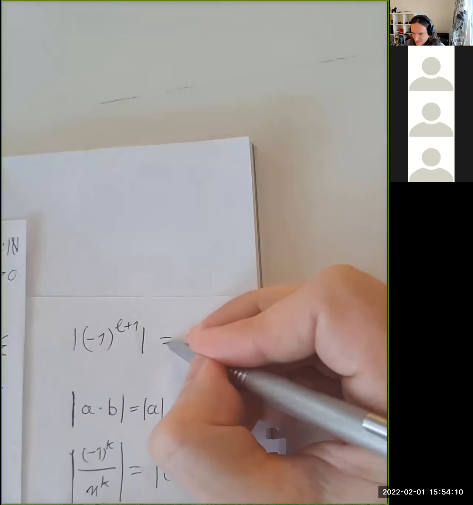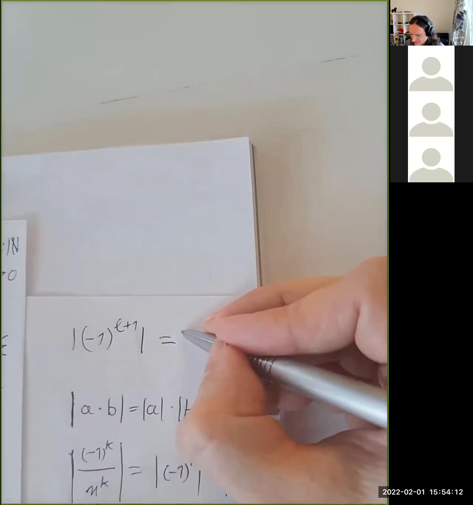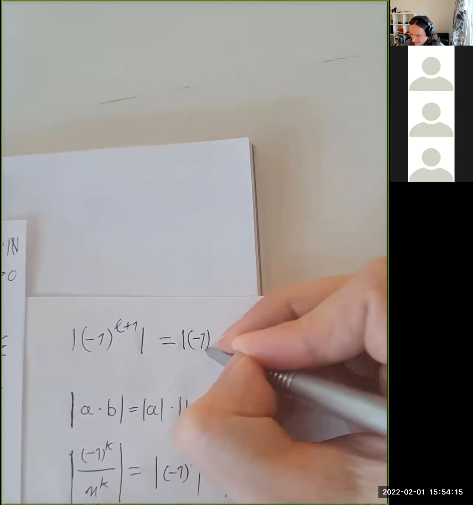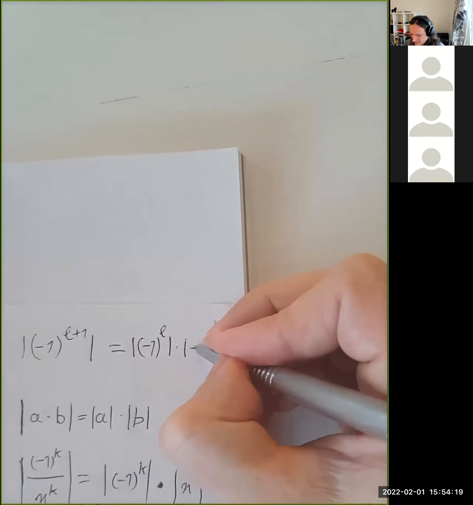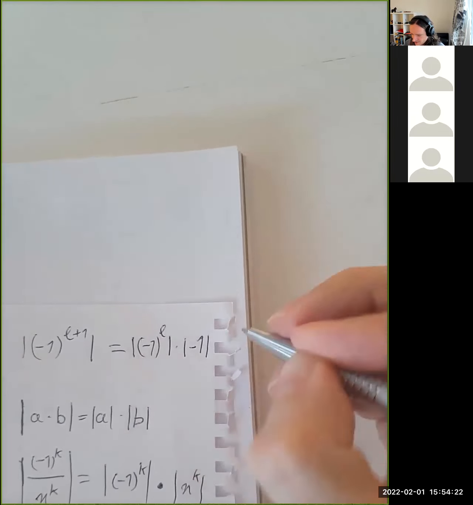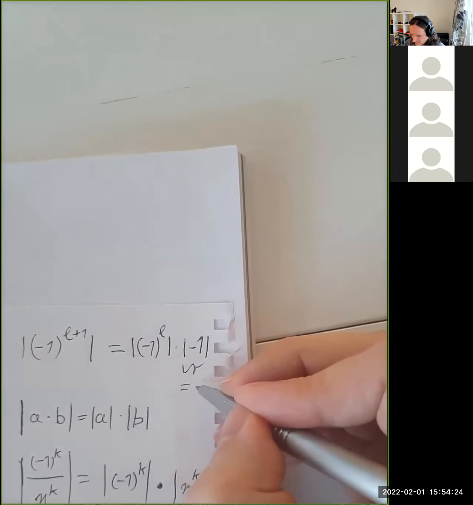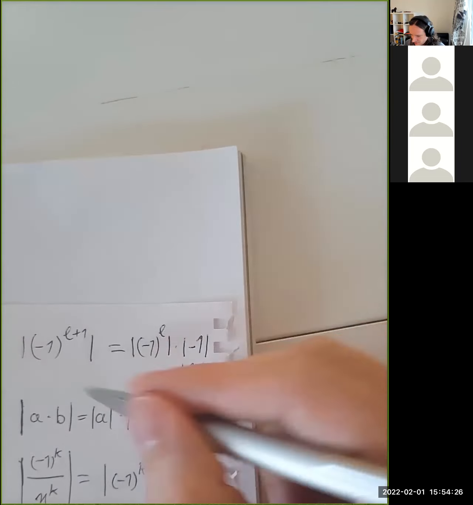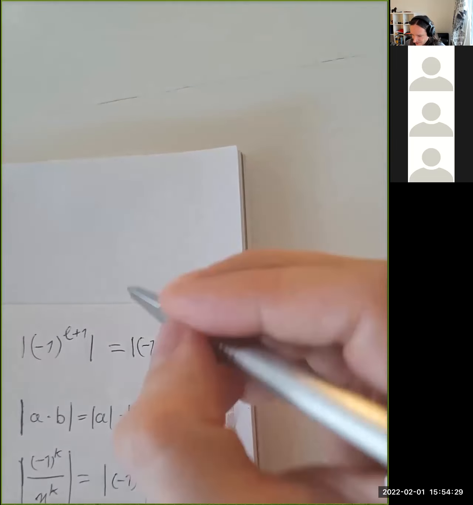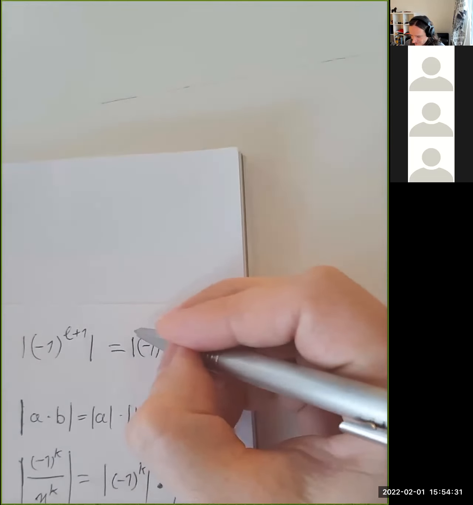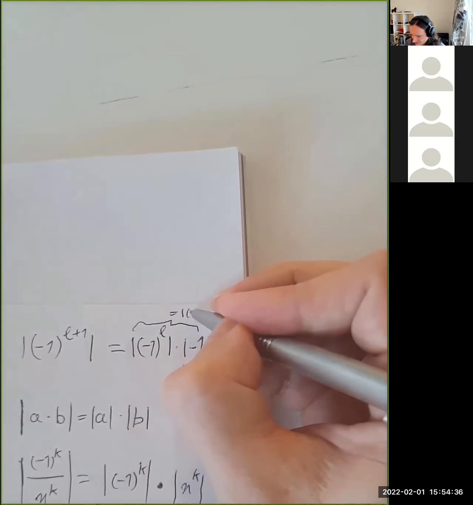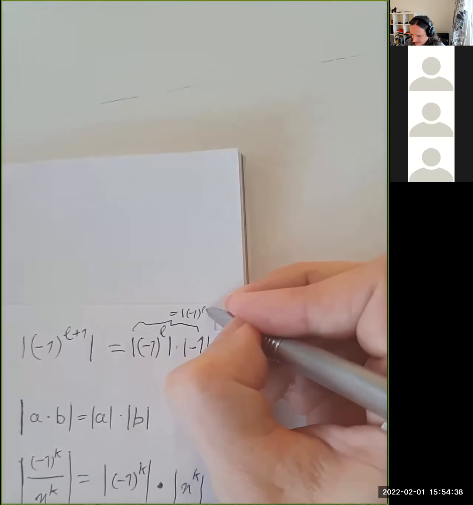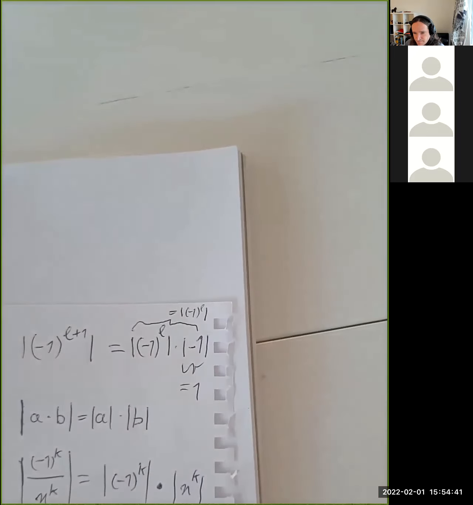We can use this rule again for multiplicativity and take to the L here and times the absolute value of -1, which is of course 1. And then we know the whole thing has to be, to run out of space here, the absolute value of -1 to the L.